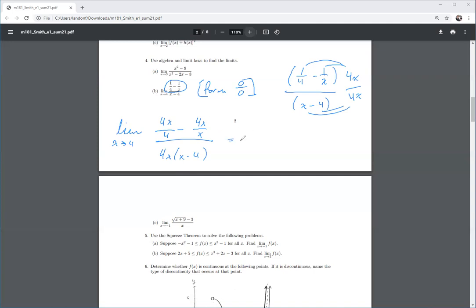So now we can simplify. This cancels with this, x cancels with this. So then we end up getting x minus 4 over 4x, x minus 4. And that's perfect because now we have an x minus 4 and x minus 4 here, right? So that's sometimes why it's useful to not distribute everything in, because you'll be able to get something to cancel.